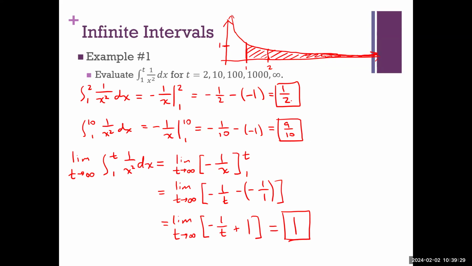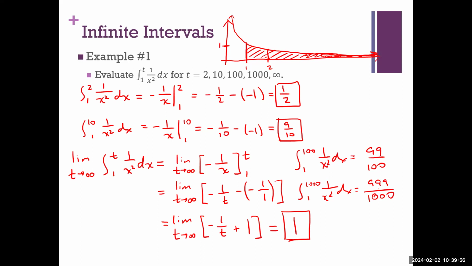Our first case was a half, right? Then 9/10. The integral from 1 to 100 of 1 over x squared dx is 99 over 100. And the integral from 1 to 1,000 is 999 over 1,000.